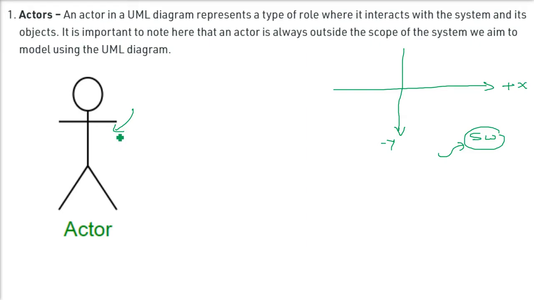Please remember, the actor who is going to interact with your system or software will be outside the scope of the system. It will not be a part of your software. It is going to deal with the software, work with the software, but it is outside the scope of the system. Actor is a stick human figure. This is how it is shown.